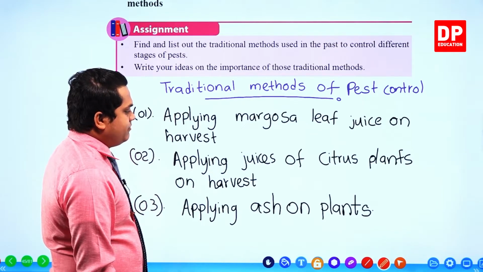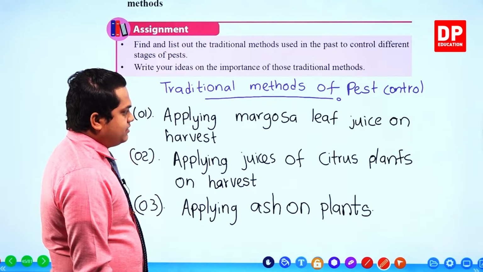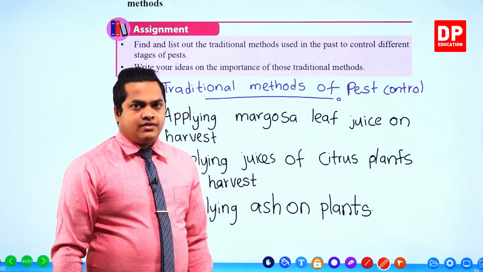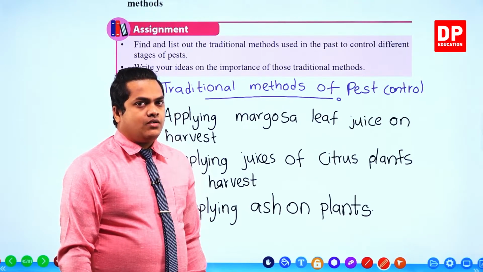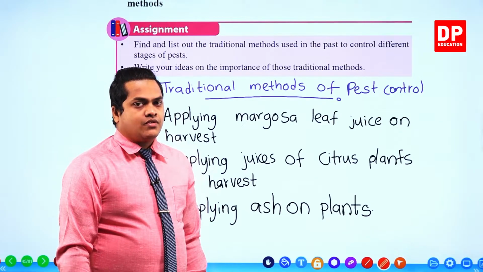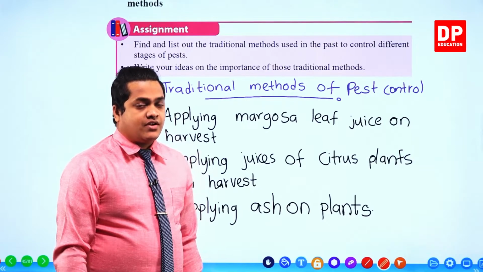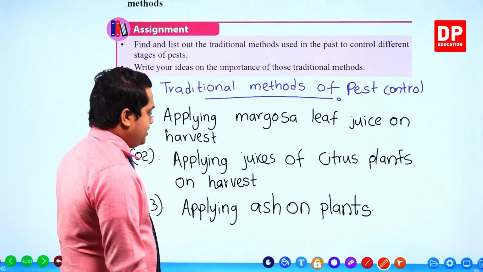So these are the methods that were used by ancestors to successfully control pests from their plantation, my dear children, from the harvest.